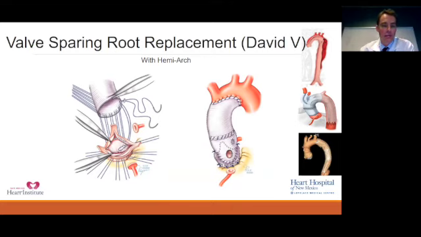So the David 5 technique, essentially what it looks like, is you want to save the aortic valve tissue of the patient and the tiniest little bit of aorta around it, but then you take all of that and sew it inside of a Dacron graft.